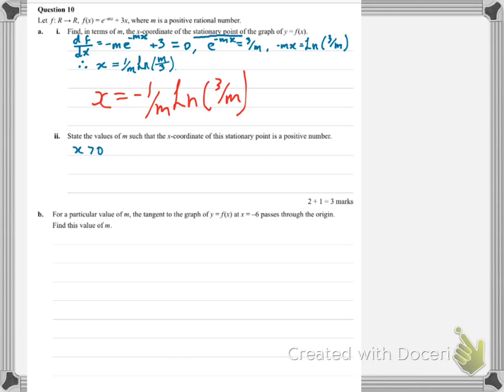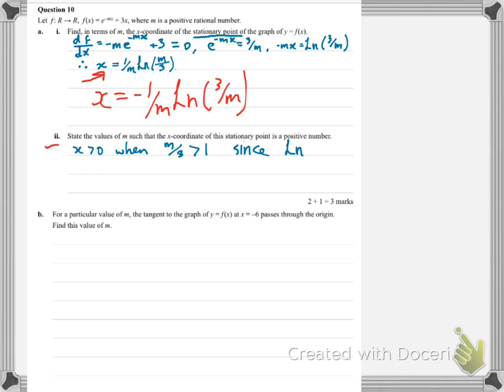Now let's look at the next part, part B, the second section. State the values of m such that the x coordinate of this stationary point is positive. So for x to be positive, we need our m value to be positive, of course, but also something about that log has to ensure x is positive.